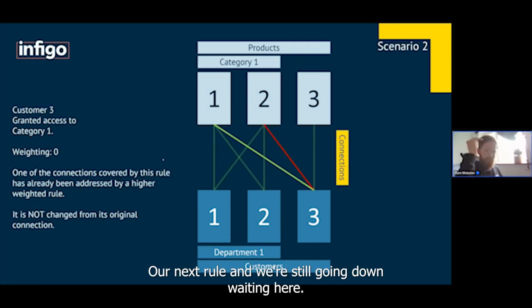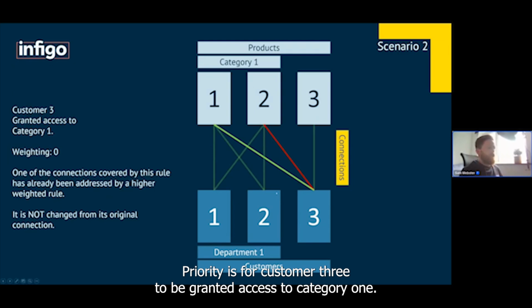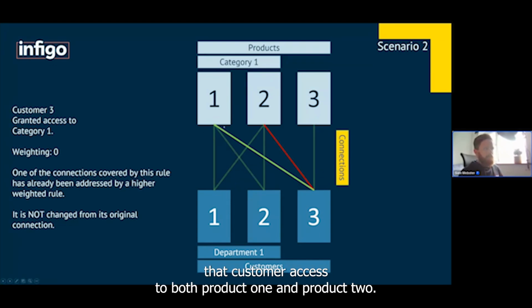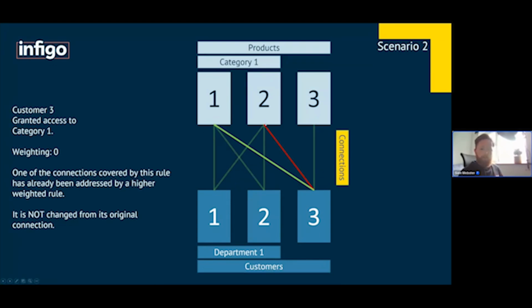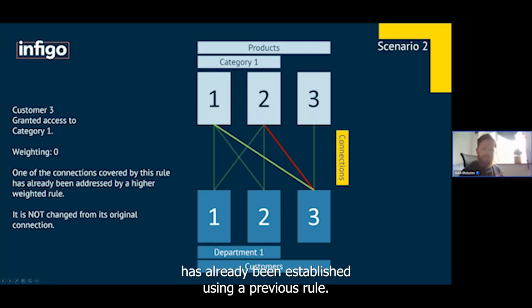Our next rule, and we're still going down weighting here, so these are less and less priority, is for customer 3 to be granted access to Category 1. Now, what this should do on the face of it is grant that customer access to both product 1 and product 2. However, we need to be aware that one of those connections has already been established using a previous rule.